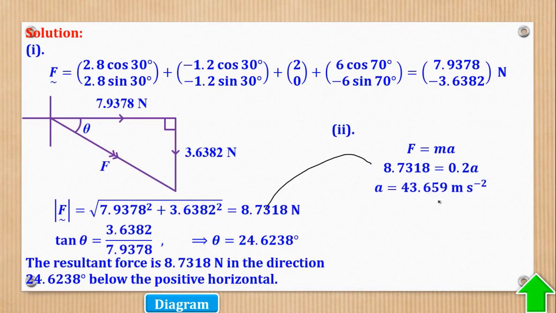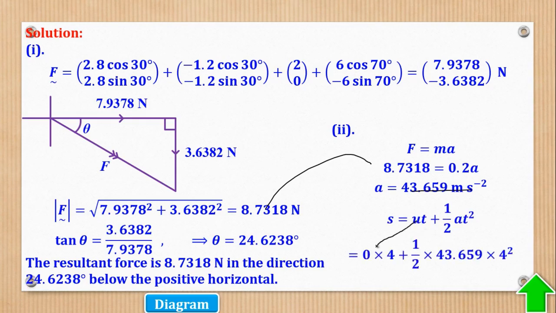Then a will be that. Now that you have acceleration, we can use the second equation of motion. Initial velocity is 0, time is 4, a is that. So that gives you the distance moved as 349.272, and that's what they wanted.